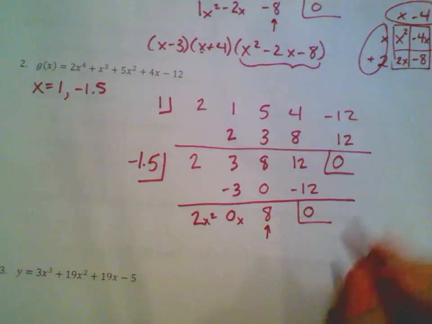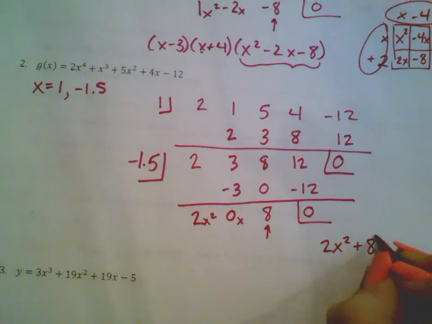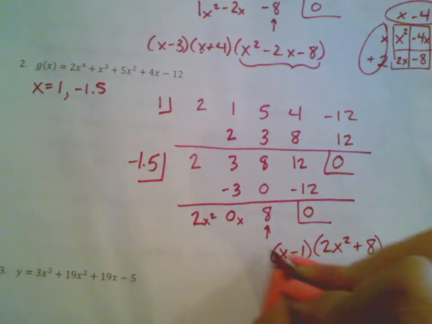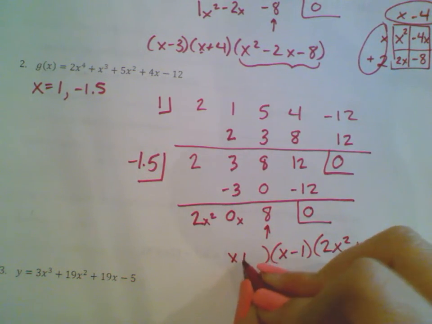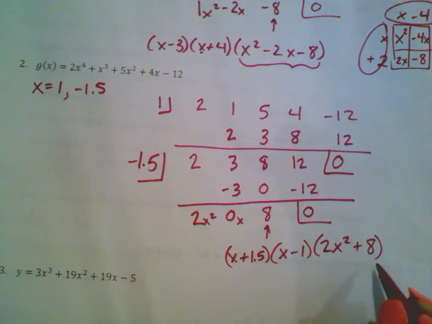So now I have 2x squared plus 8 as a factor, x minus 1 as a factor, and x plus 1.5. I need to simplify this.